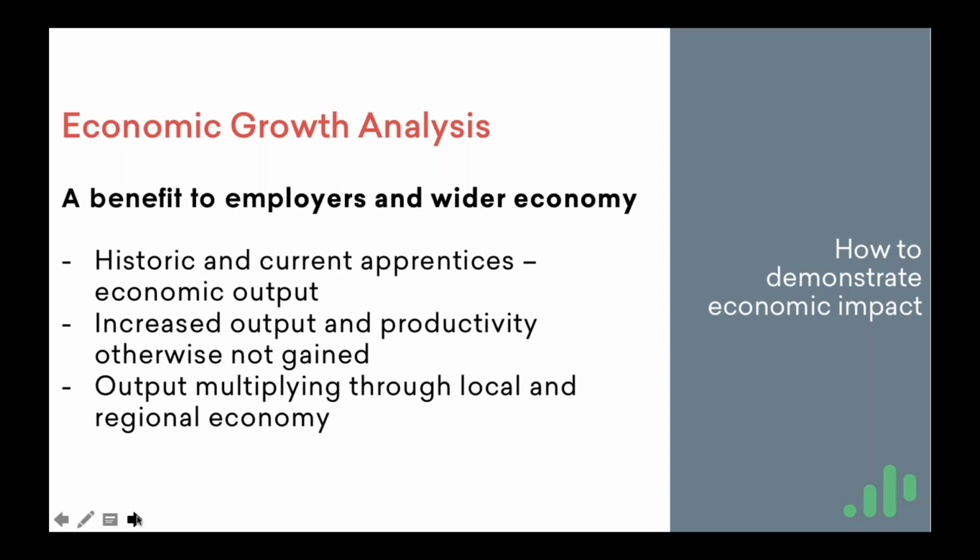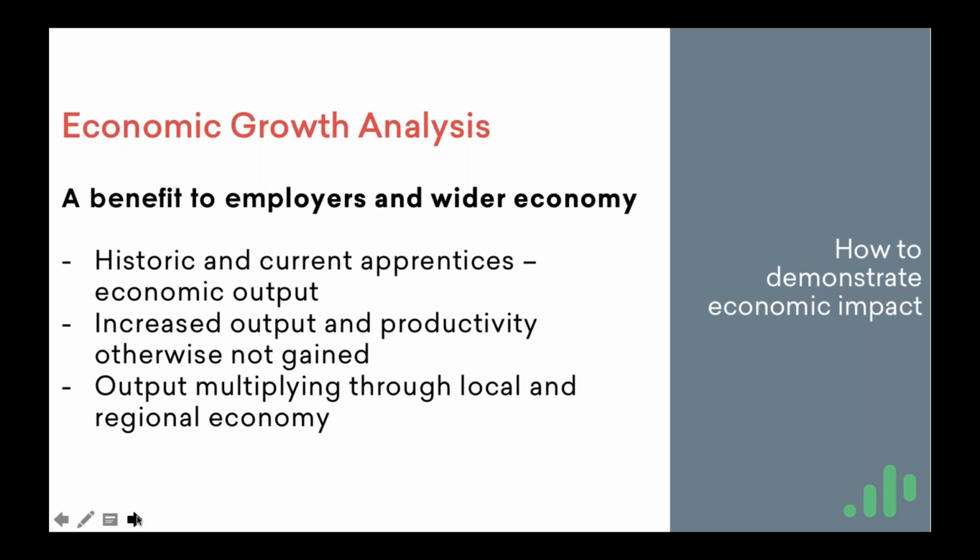So if you have a big chunk of engineering apprentices, they will contribute to the economy in a certain way, and the money that engineering companies and engineering apprentices spend will flow through your economy in a particular way.